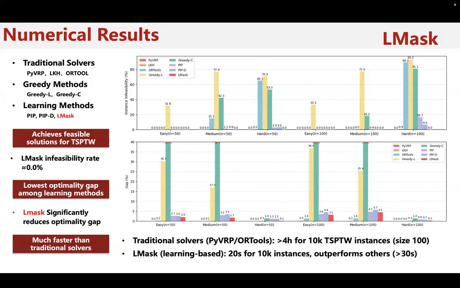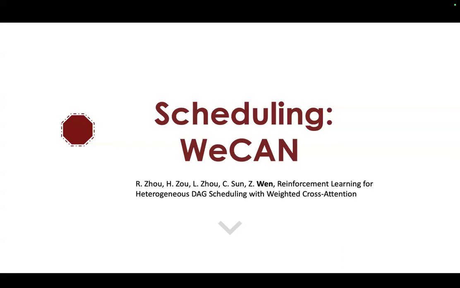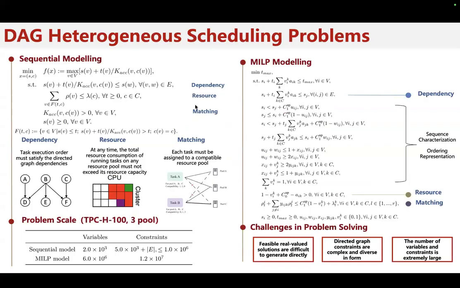So let me give you another scenario. This is a scheduling problem. If we solve it with the traditional mixed integer linear program formulation, it is very complicated. But for the learning approach, we have to design new kinds of formulations.